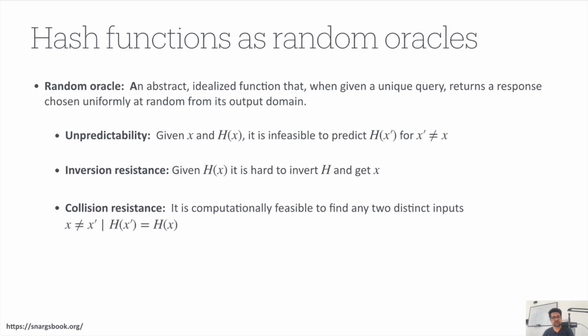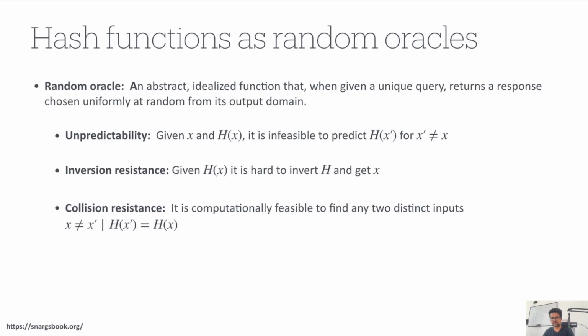In general, it should be unpredictable, as in, given the hash function and its output, it's nearly impossible to predict another value on which the hash function will give the same output.